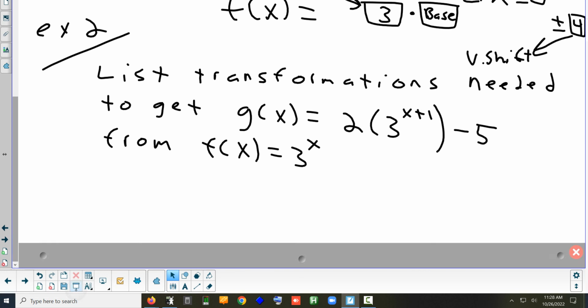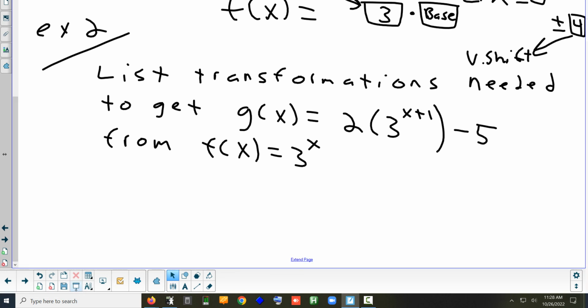So let's look at this one. It says, list the transformations needed to turn f of x into g of x. Okay, so first of all, how many transformations are happening in g of x? It's like all three. 3. Yep, there are 3.